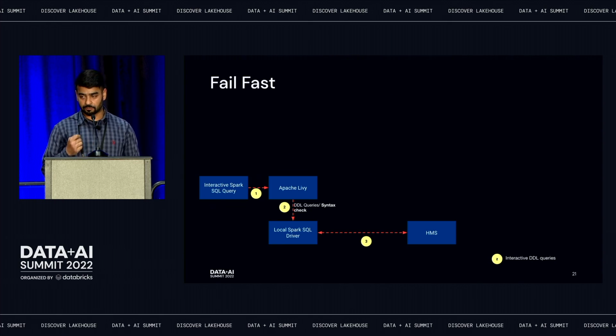The first execution would be the real execution that runs on the Spark YARN cluster. But in parallel, we would start an explain on that query in our local Spark sessions. With that, very quickly, we'll see if there is any syntax error or analysis error. And we would catch that, cancel the remote execution of the query, and return the error to the users.